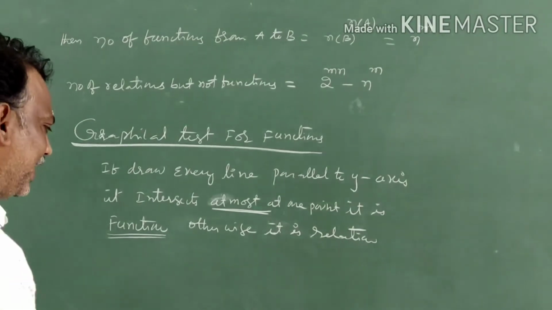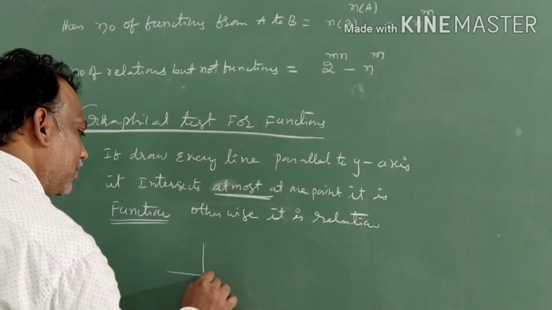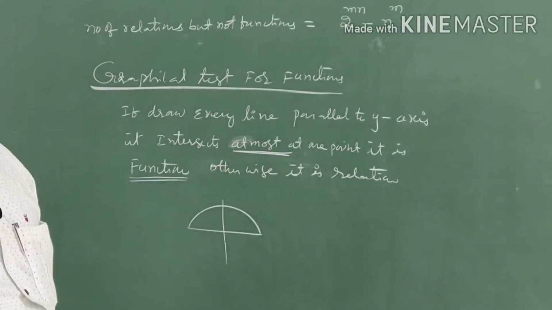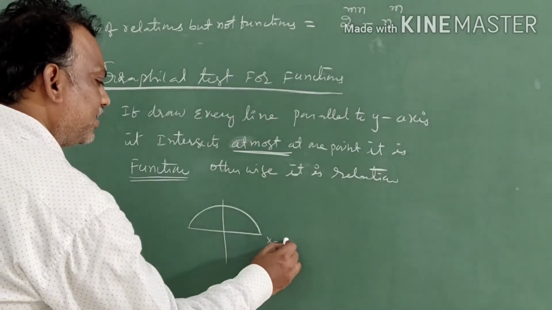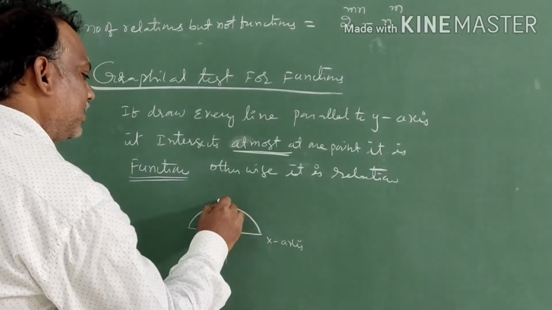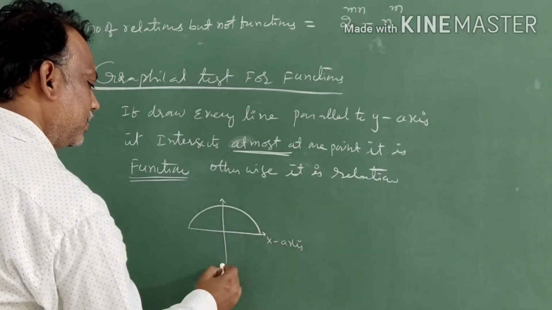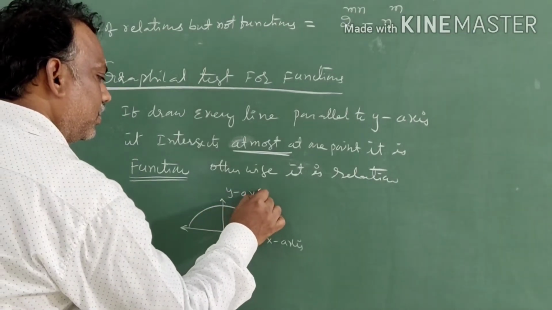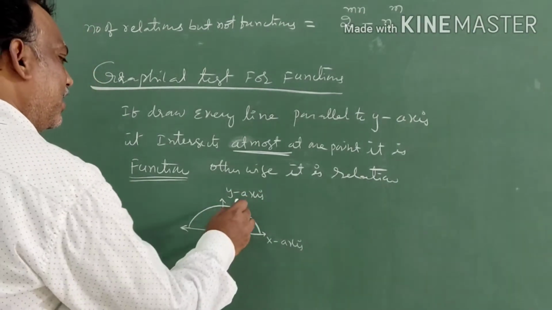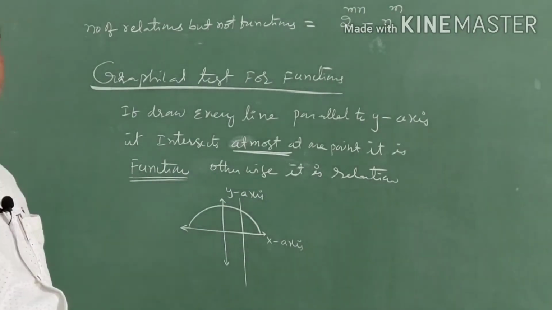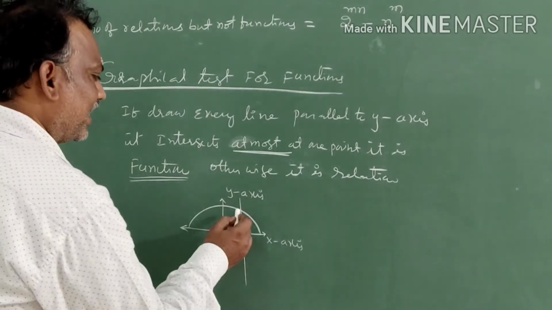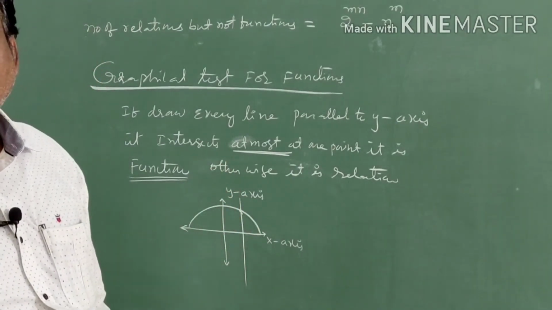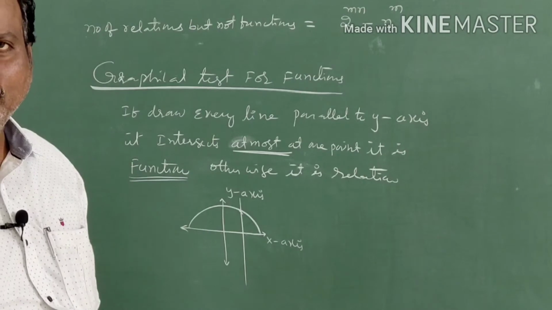I will explain with an example. One diagram is given. So this is the x-axis, and this is the y-axis. Draw a line parallel to the y-axis. It intersects the given graph only at one point, then it is a function.